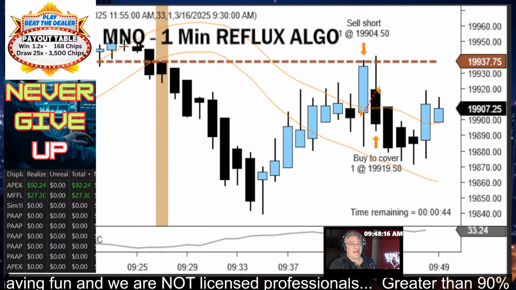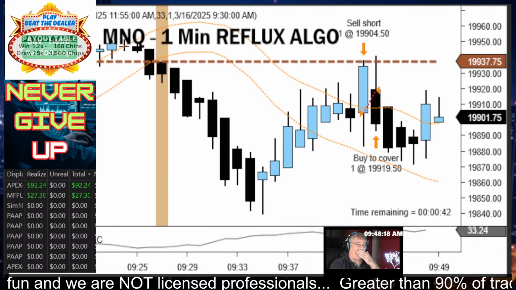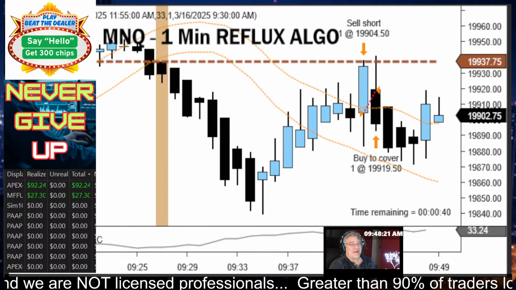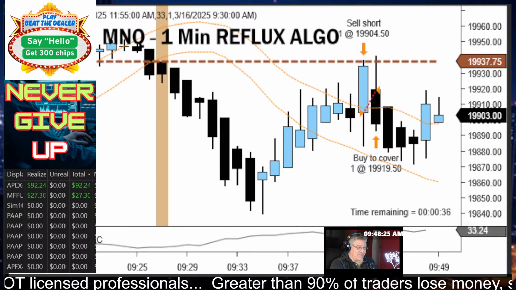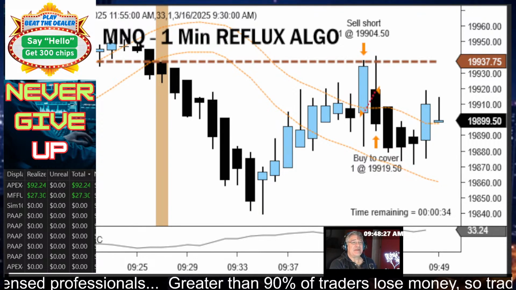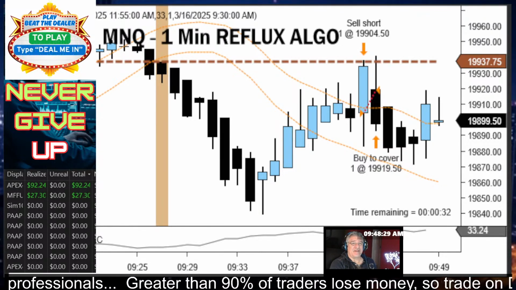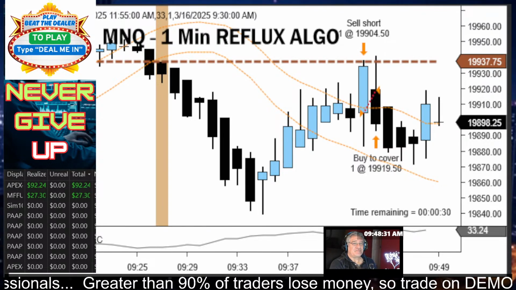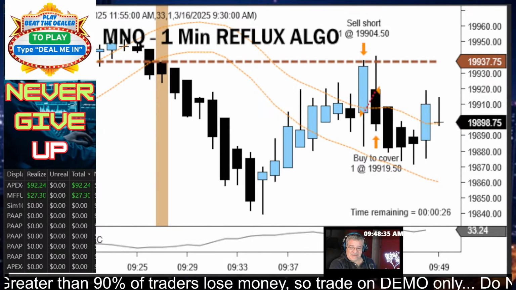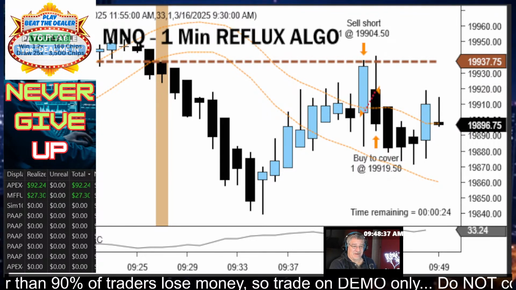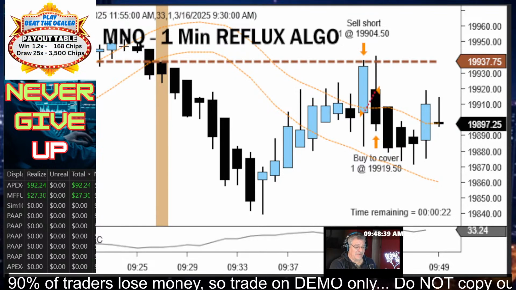We're going to need candle closes above VWAP, above the trend line, above the previous day's low. Otherwise, we're going to be playing pinball here. The fact that I'm green in this kind of price action is impressive and fantastic.